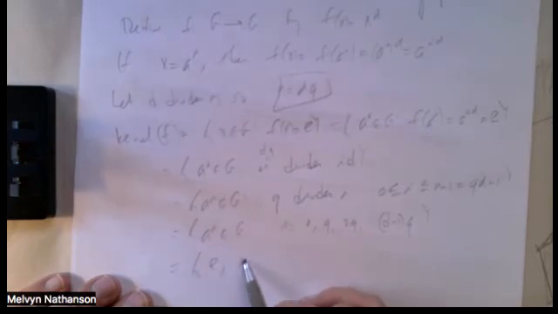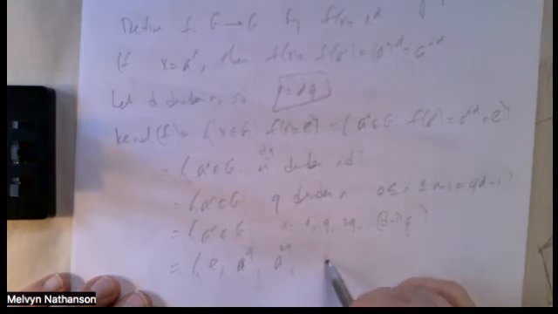So this means we're looking at the set of elements e, a to the q, a to the 2q, up to a to the d minus 1 times q.